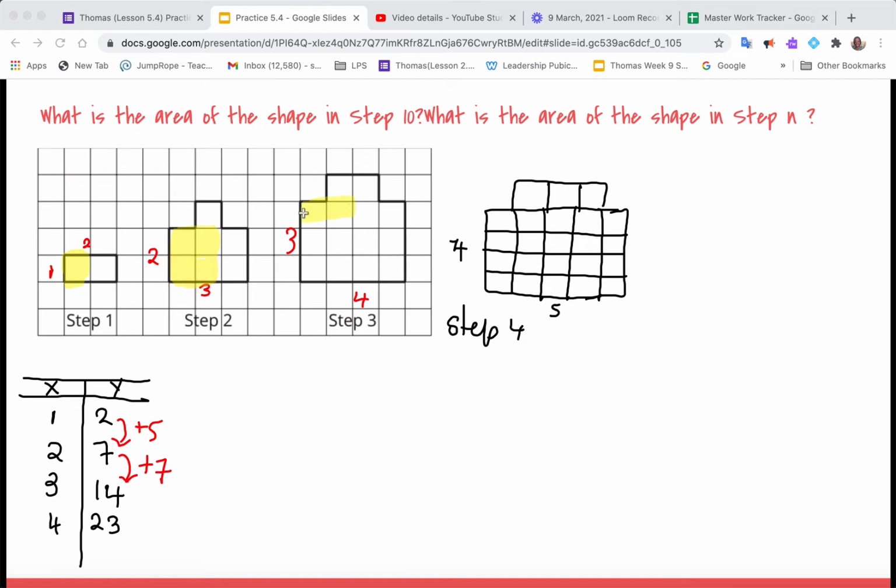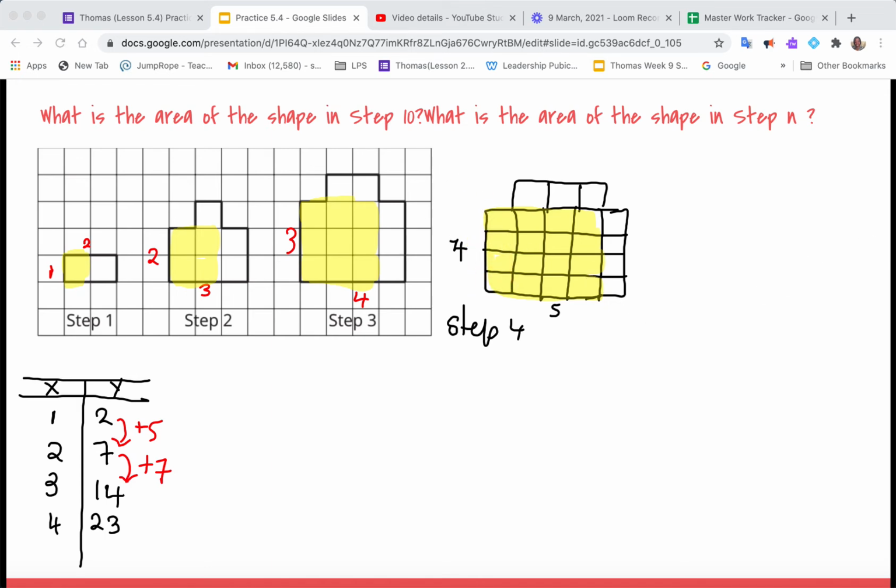Here is my 3 by 3. And then here would be my 4 by 4. Now, what do I notice about the extra that's left?